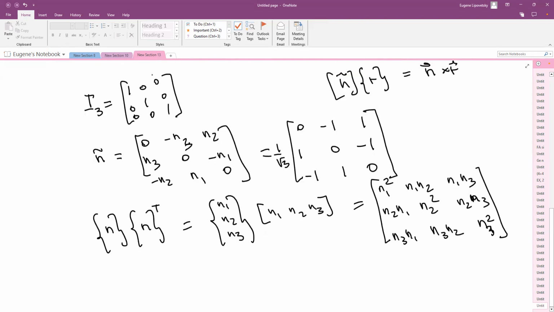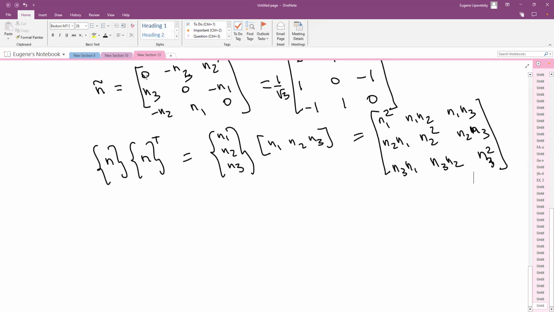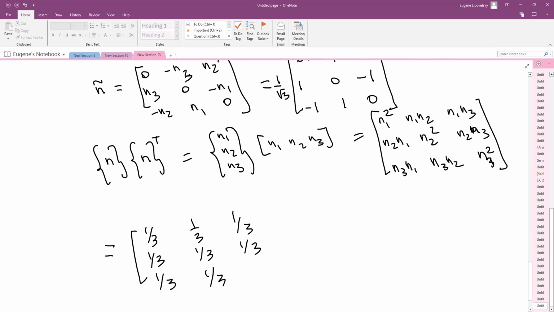Since all components are equal to 1 over root 3, each of them will have a 1/3.